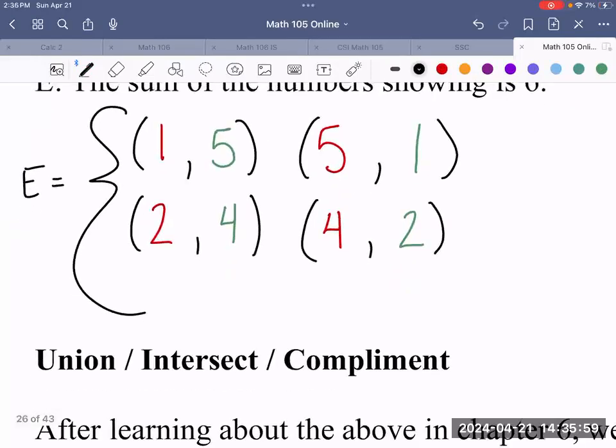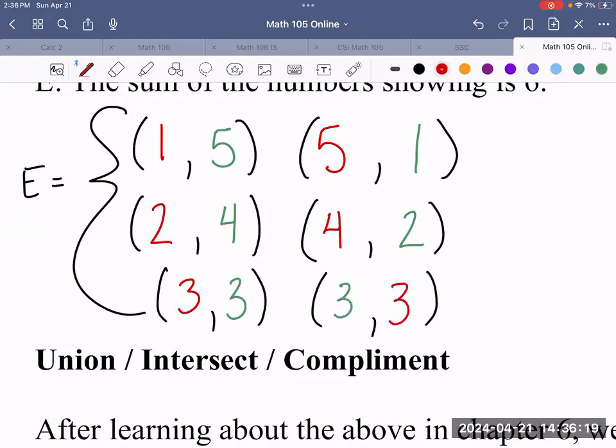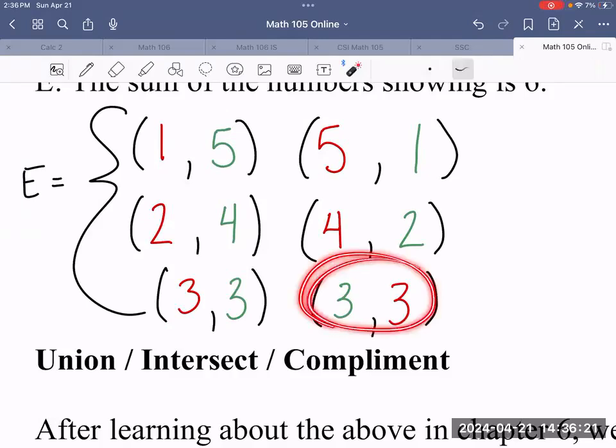Let's try it again. There could be a red 3 and a green 3. And let's say I flipped it around this time, the green is 3 and the red is also 3. If I include this one, is there an issue?